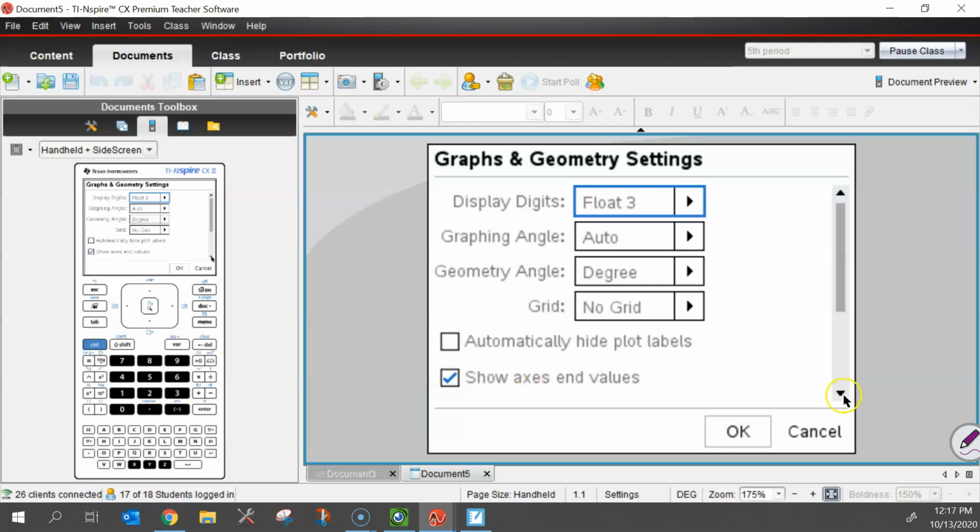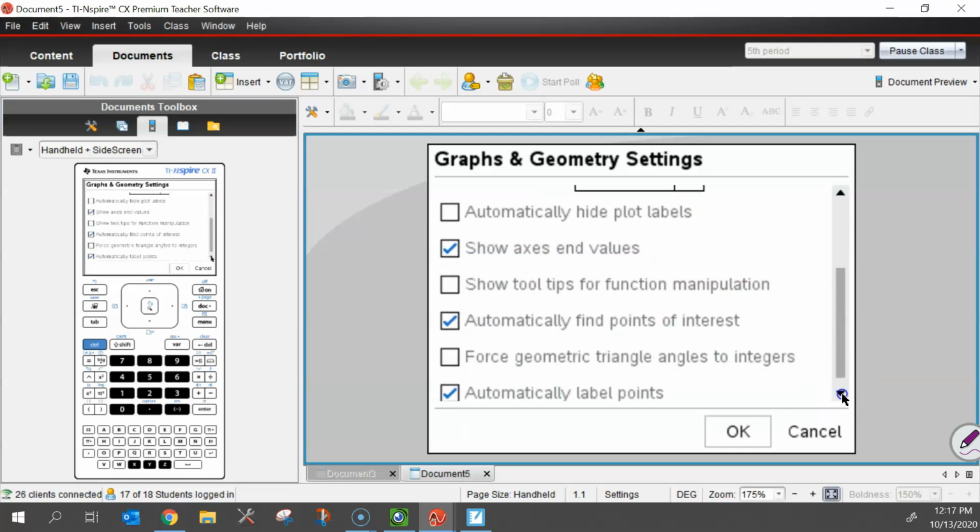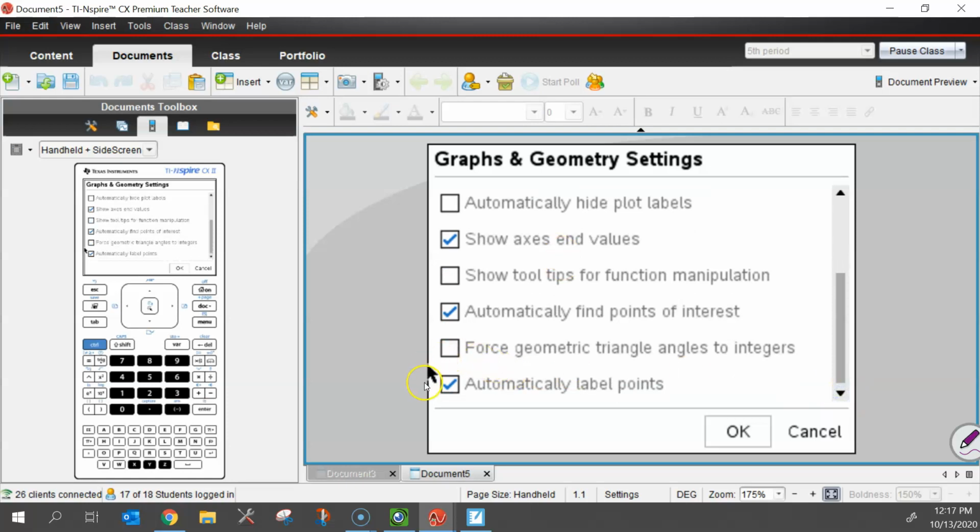And if you scroll down to the very bottom, the very last option is automatically label points. Now, we don't always want it to do this, but for right now, I like that the calculator will do this. Make sure that that is checked. If it's checked, just hit OK. You can even hit cancel if it was already checked. If it's not checked, then please check it and save that setting.